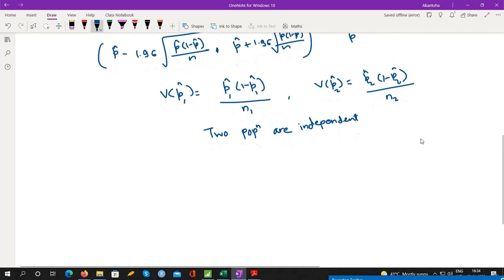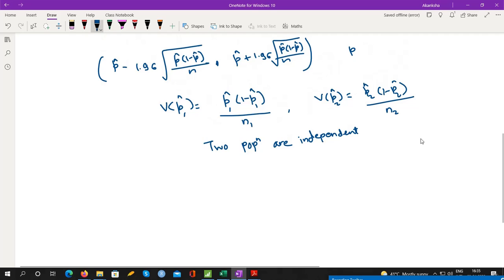As a result, the variance of P1 hat minus P2 hat would be the variance of P1 hat plus the variance of P2 hat. We will not have a covariance term because these two are independent.